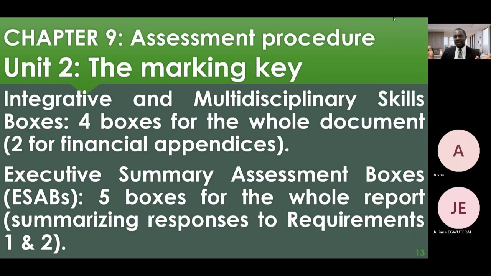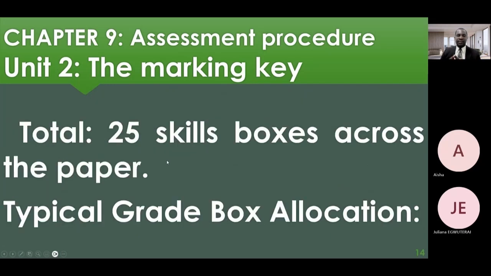The executive summary assessment box has 5 boxes. If you understand the boxes and how to approach them, you understand the whole report, summarizing the responses to requirements 1 and 2. The executive summary has 5 boxes and includes requirements 1 and 2, and the total 25 skill boxes carry 25 marks in the paper. I will be explaining that subsequently.